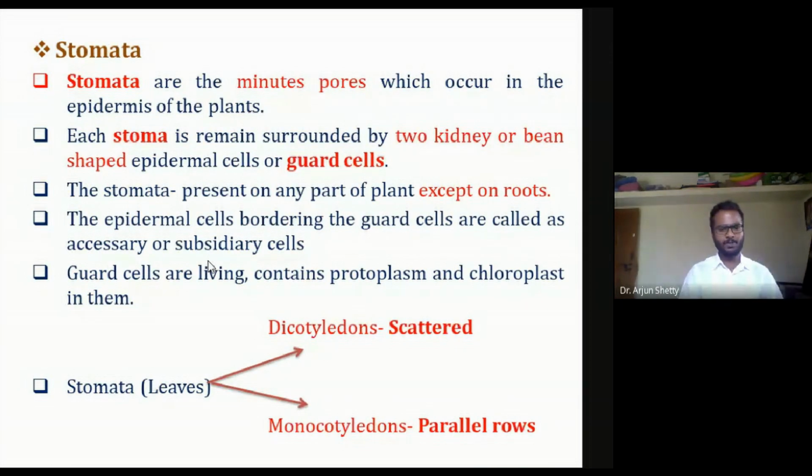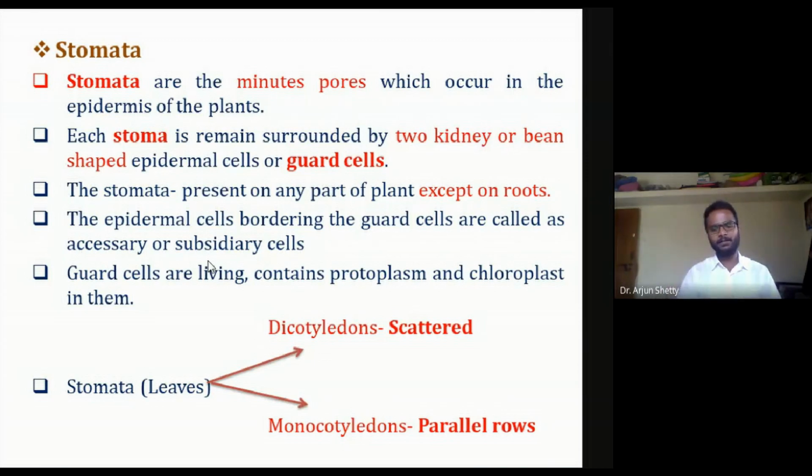the arrangement of stomata broadly, we can see in the dicotyledons as well as the monocotyledons. Even the lower organisms such as the gymnosperms also contain stomata, whereas algae, fungi and some of the primitive non-vascular plants don't contain stomata at all.